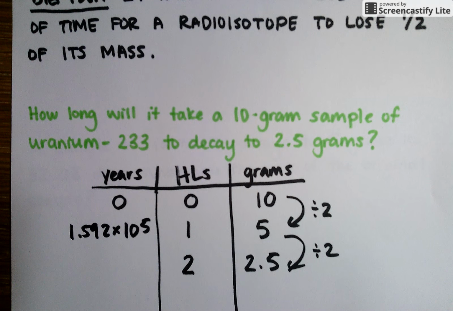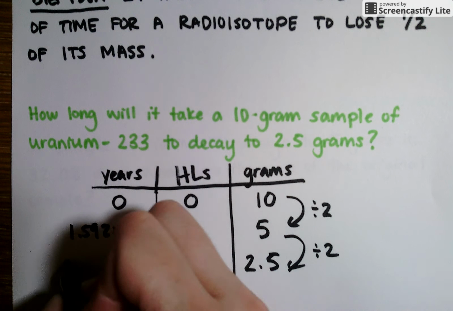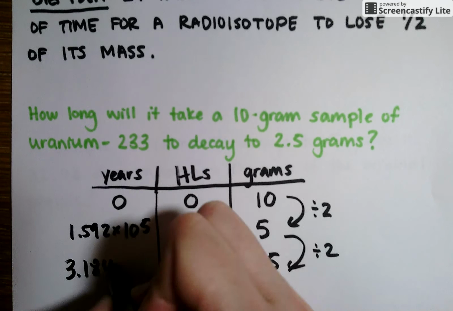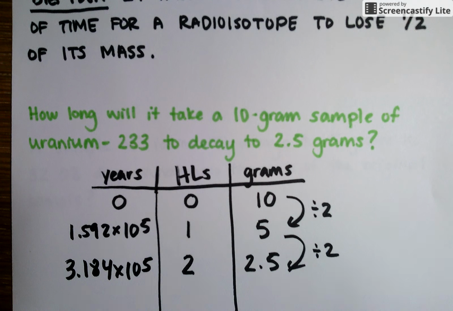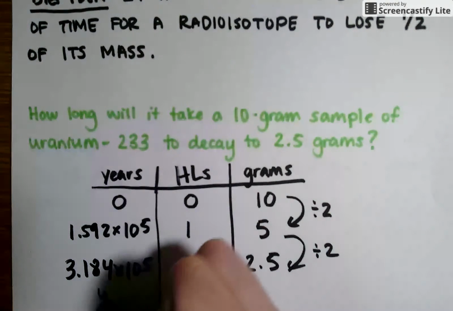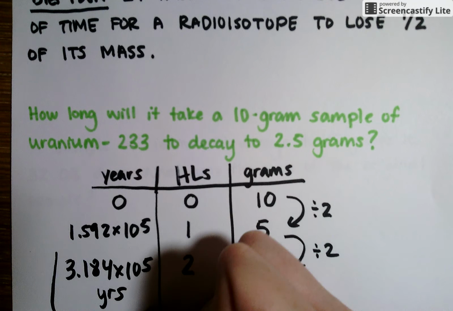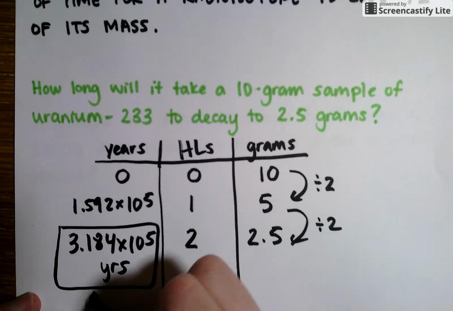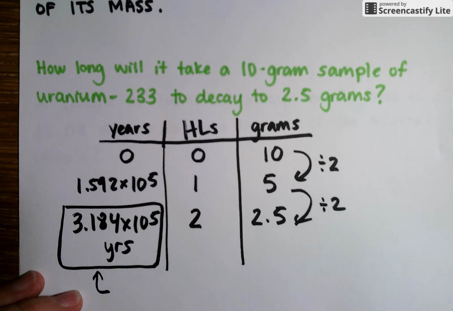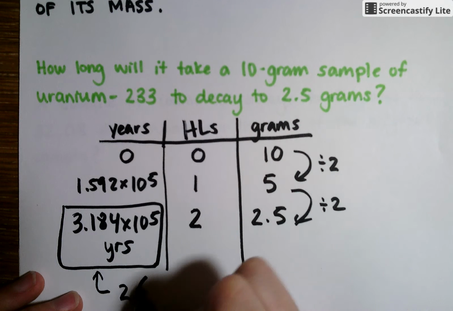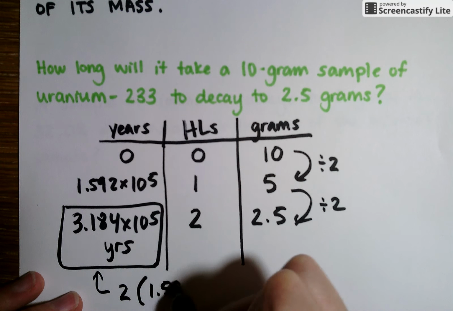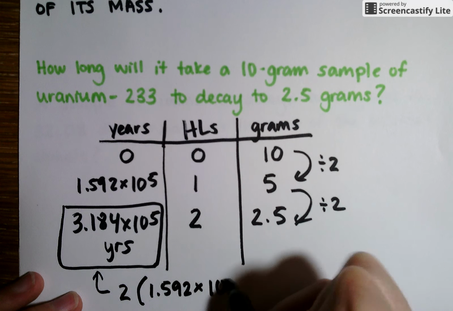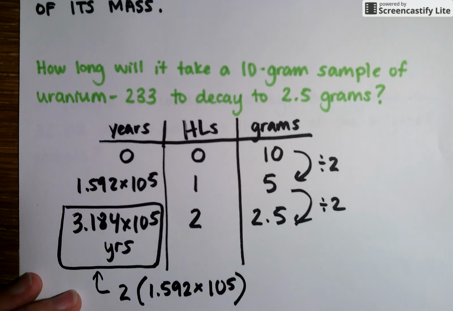And if you have your calculators handy, you know that 1.592 plus another 1.592 is going to give you 3.184 times 10 to the 5th. And that's our answer. Just add on your unit of years, and that's how long of a time period this is going to take. And you'll notice that this number, folks, if you're more comfortable doing it this way, once you've got your number of half-lives, you can just multiply that by the half-life that's listed on table N, and it's going to get you to the same answer.